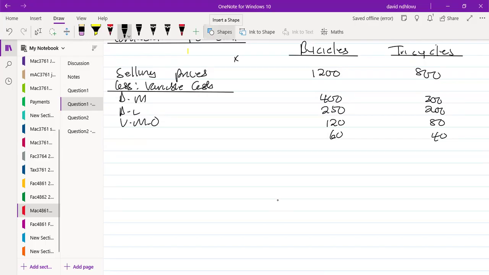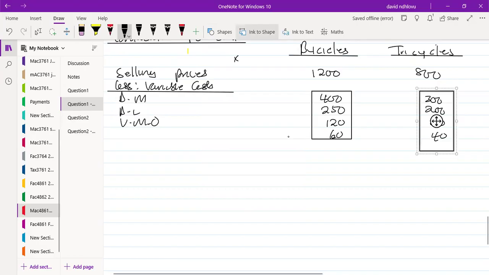So now we have our total variable cost per unit. We now add and get our total figures. If we say 400 plus 250 plus 120 plus 60, we get 830.